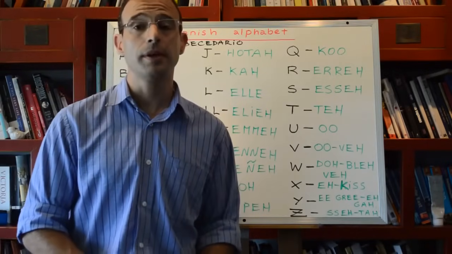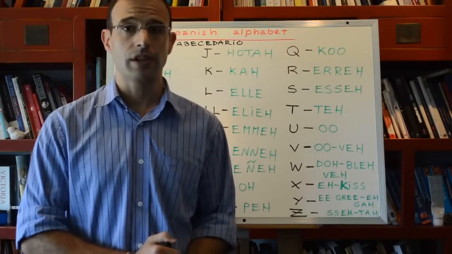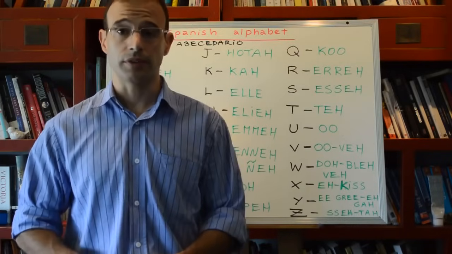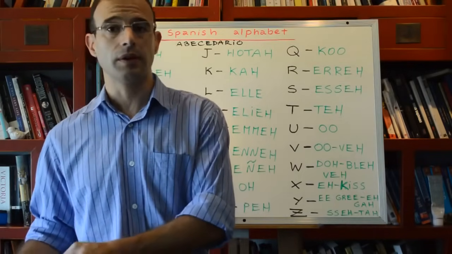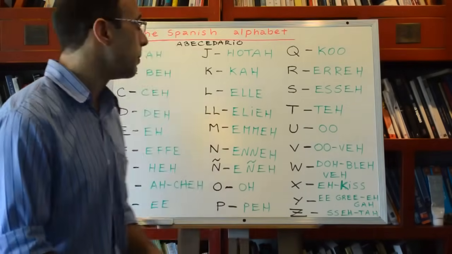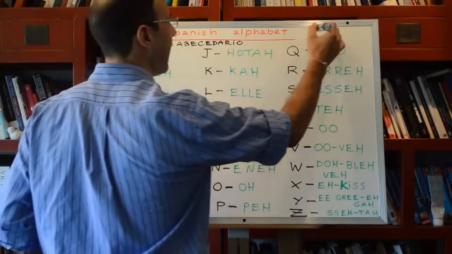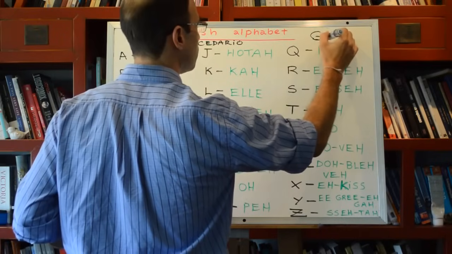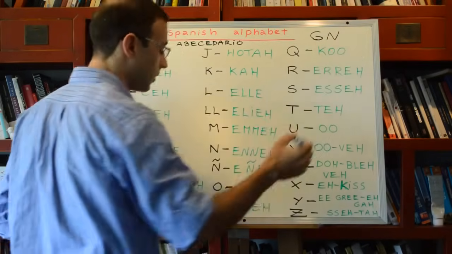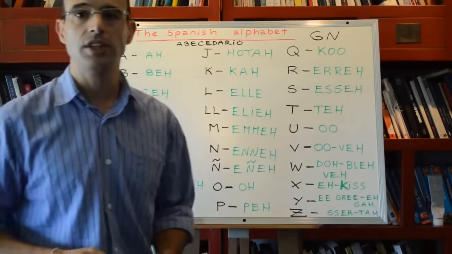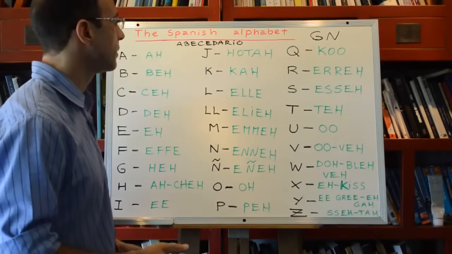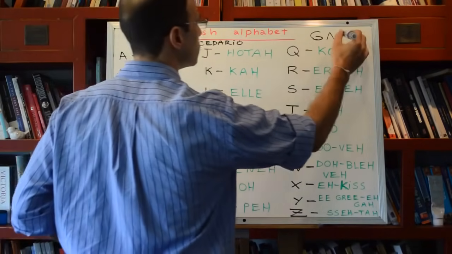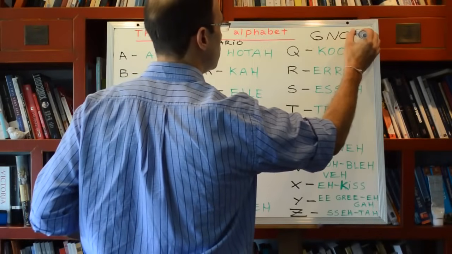Okay, the ñ sound. Ñ is a typical Spanish letter. How is it pronounced? I know this sound does not exist in English, but it does exist in Italian. In Italian, you produce the same sound with a GN, like in gnocchi.